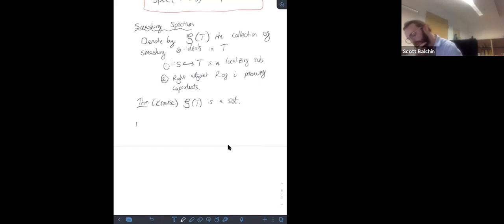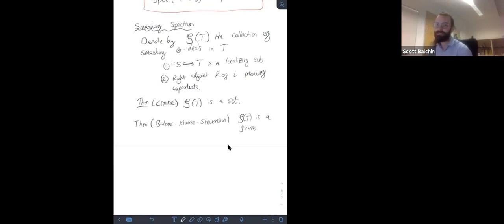The next key result that goes into this is a theorem of Balmer, Krause, and Stevenson. A few years ago now, they proved that S of t is a frame. So at this point, you're super close, right? If you go through this pointless point of view that we spoke about, we now have this frame.